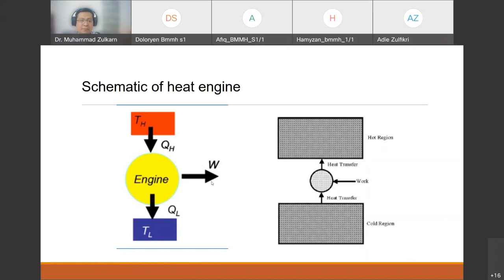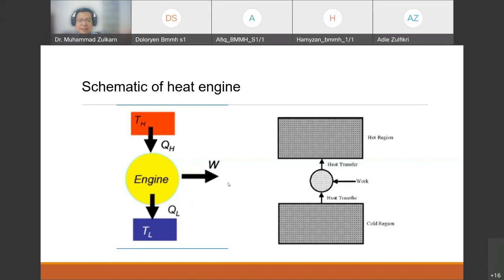So the engine we can consider as the pump or compressor, and then we have TL, meaning low temperature, for distribution in the area or zone, while TH is the rejected heat.